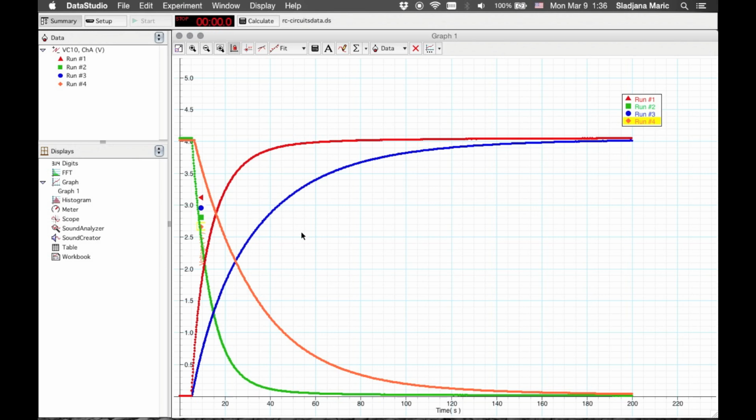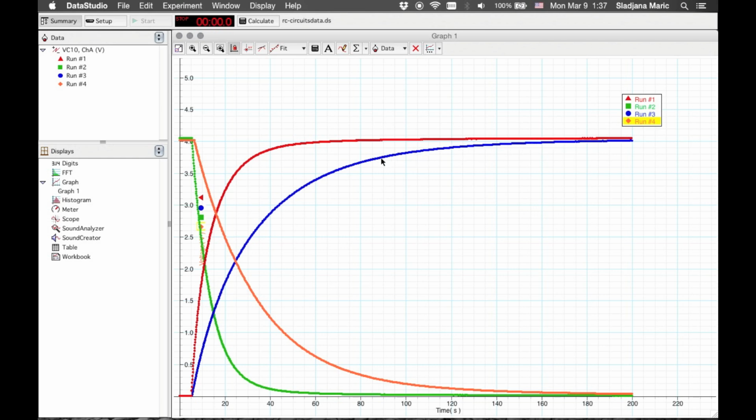It is important here to mention that this red curve represents a charging of the capacitor through a 10 ohm resistor. That is run number 1. Green curve here represents a discharging of the capacitor through a 10 ohm resistor. This is run number 2. The blue curve is a charging of the capacitor through a 33 ohm resistor.